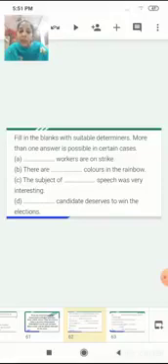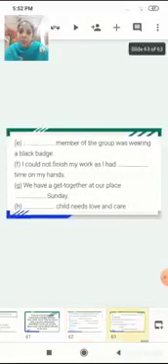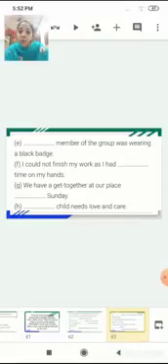The subject of dash speech was very interesting. The subject of his speech was very interesting. Dash candidate deserves to win the election. Each candidate deserves to win the election. Or you can also write every candidate deserves to win the election. Dash member of the group was wearing a black badge.